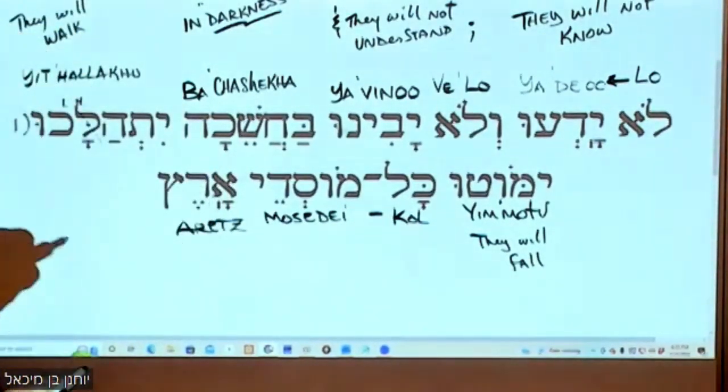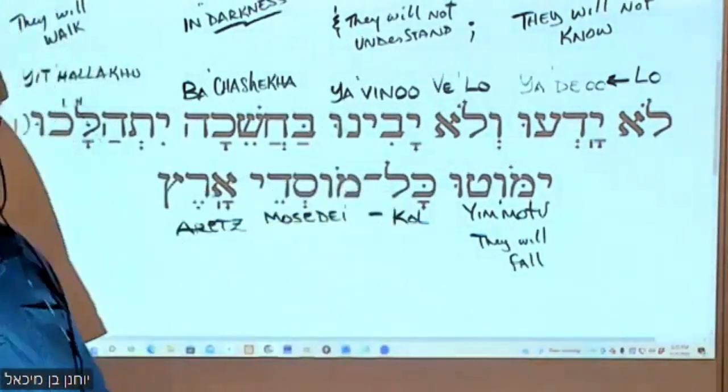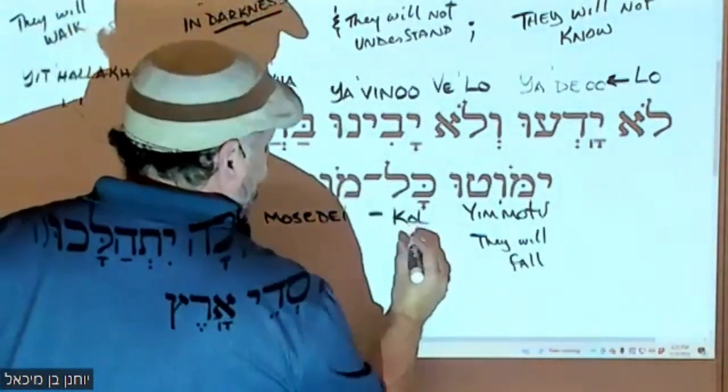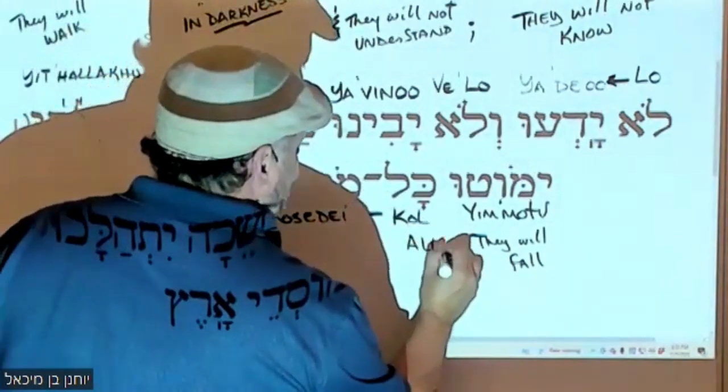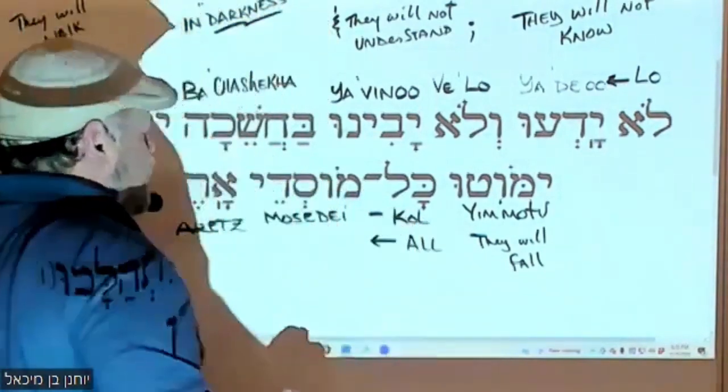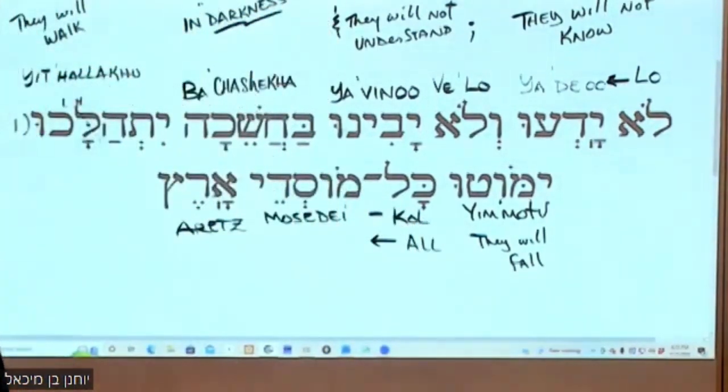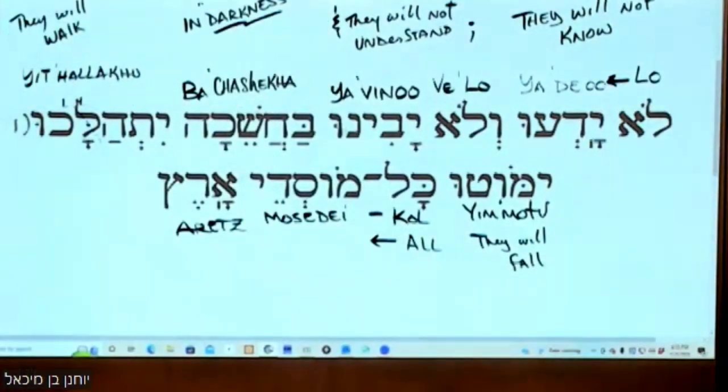All right, so the kol means all, right? All what? So we know that the word is mosedei. So what do we have? Do we have root words? Do we have prefixes? Do we have suffixes?